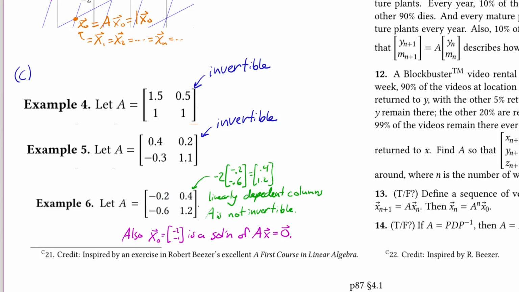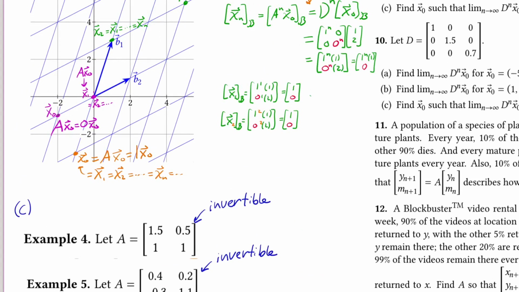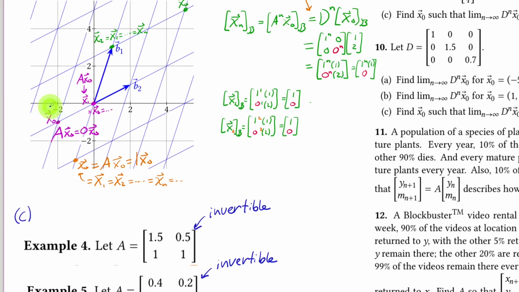We have a solution of AX equals 0. Like if you do -2 times the first column plus -1 times the second column, you'll get 0. And we also saw that here, that multiplying A times this vector here gives you 0.